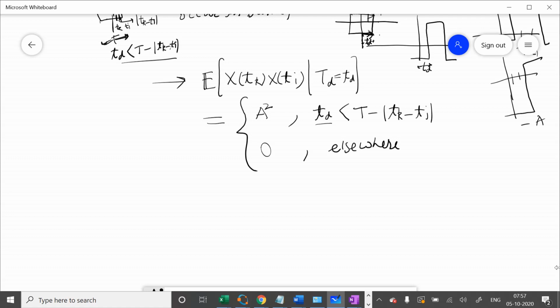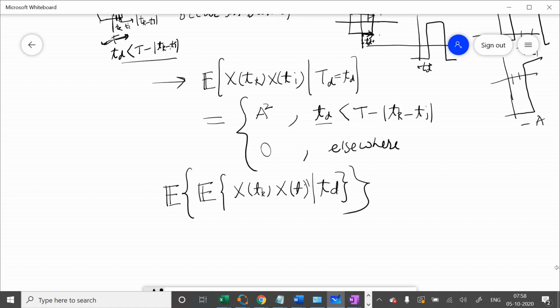Now if you want to average over all the TDs, here is something which will be new for you. Don't worry about the symbol. This expected value here is with respect to the random variables x of Tk, x of Ti.